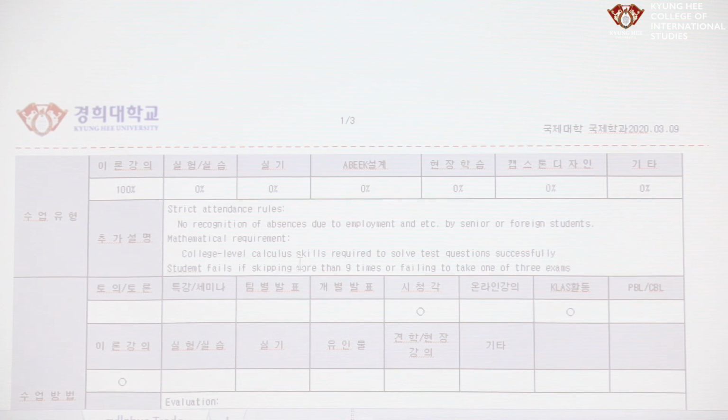This mathematical skill means, as I said before, differentiation and integration skills. This is equivalent to International Baccalaureate math and calculus AB and BC in AP, Advanced Placement tests. Students fail if skipping more than 9 times or failing to take 1 of 3 exams. Should be careful about this.